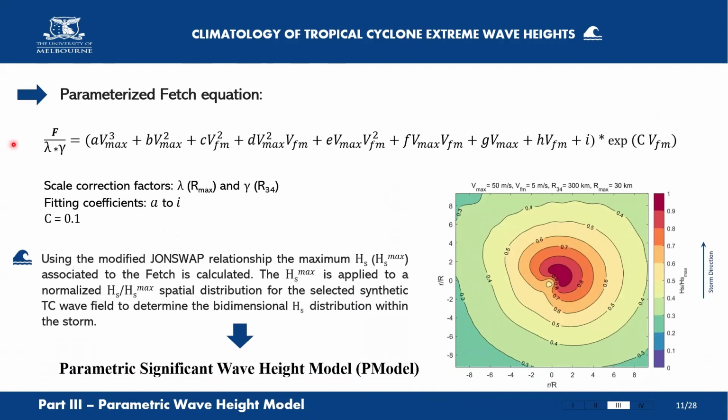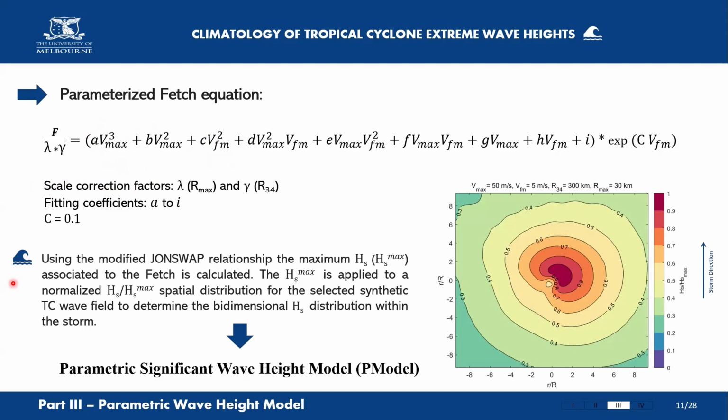Our parameterized fetch equation has this third order polynomial form, as a function of the maximum wind, Vmax, and velocity of forward movement, with the scale correction factors lambda for Rmax and gamma for R34. Using the modified JONSWAP relationship, the maximum HGS associated with the fetch is calculated.